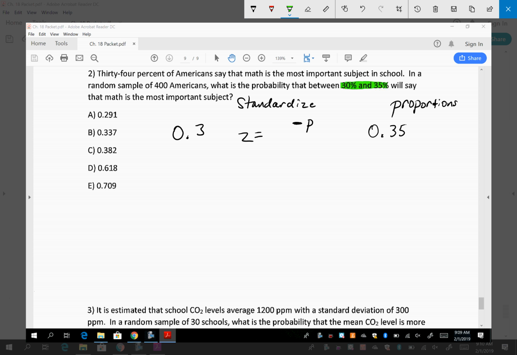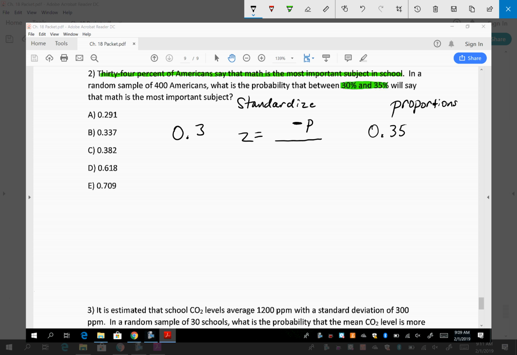That's a sample size. 34% of Americans say that math is the most important subject in school. That statement is only there to give you P. So P is 34%. I tried to trick you because I gave you 34% as a word or words. All right? I didn't give it to you as a number, so I got you.